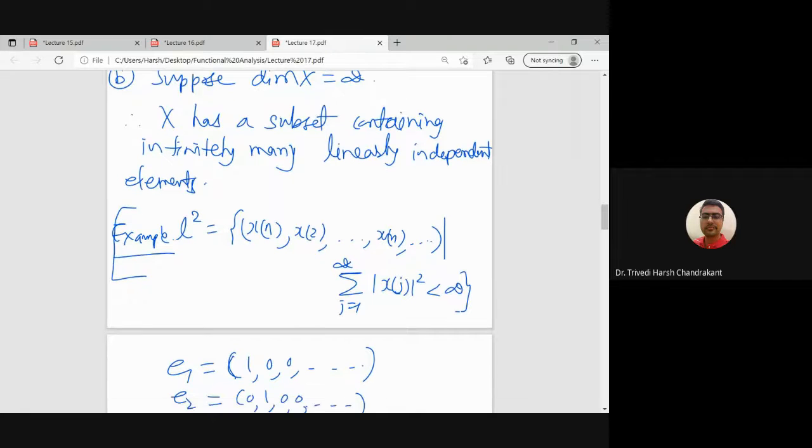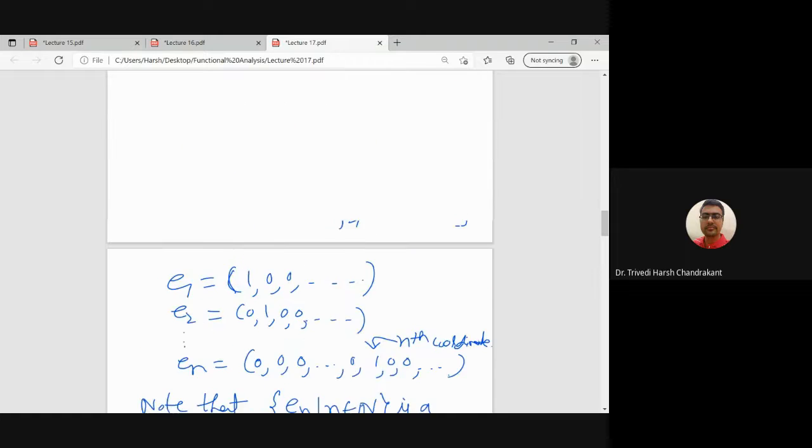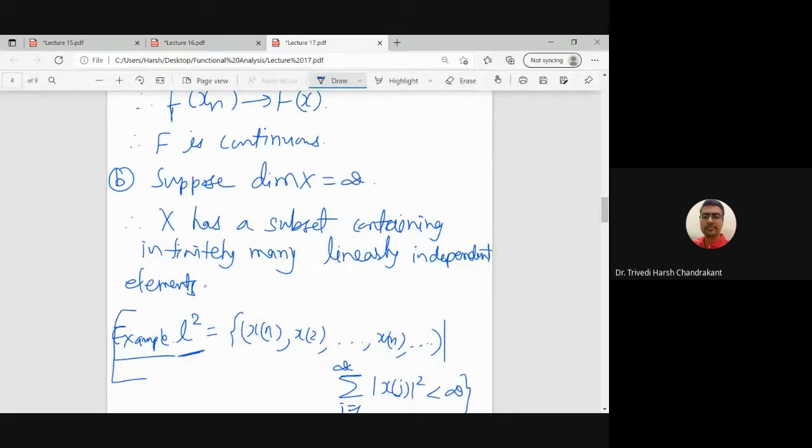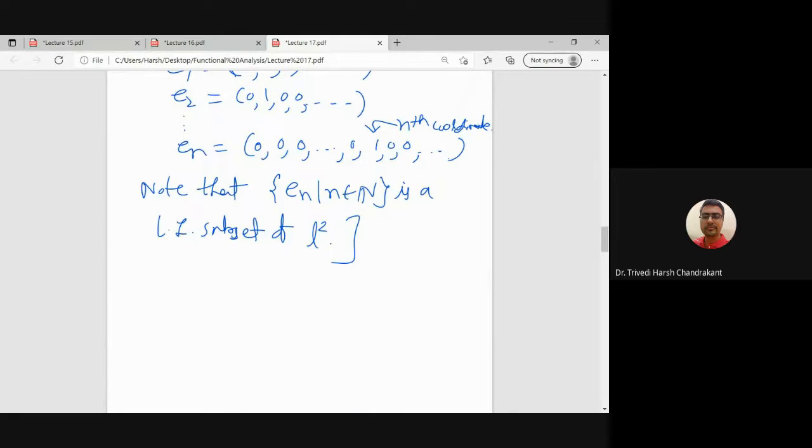So every infinite dimensional vector space, here L2 is infinite dimensional, always has an infinite subset which is linearly independent. Such a subset we can use to construct a discontinuous function. So what we'll do is first extend this set.